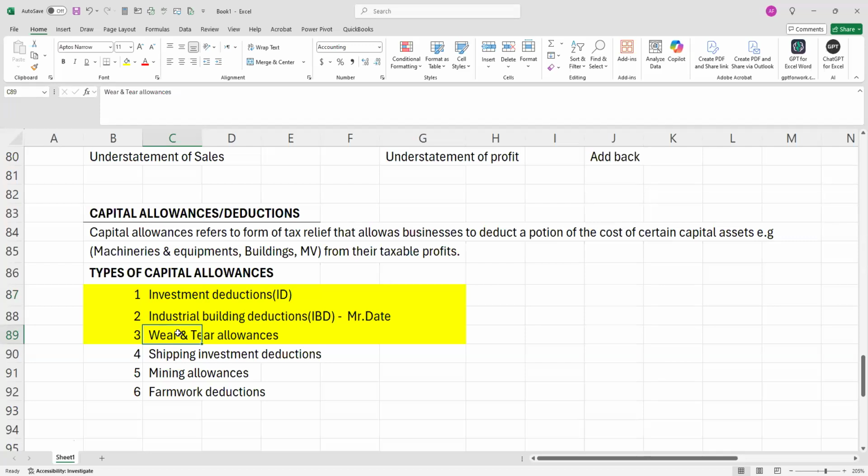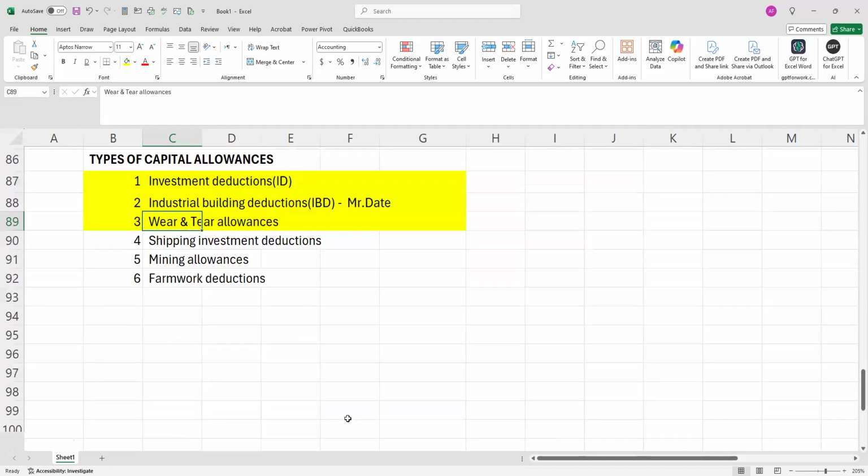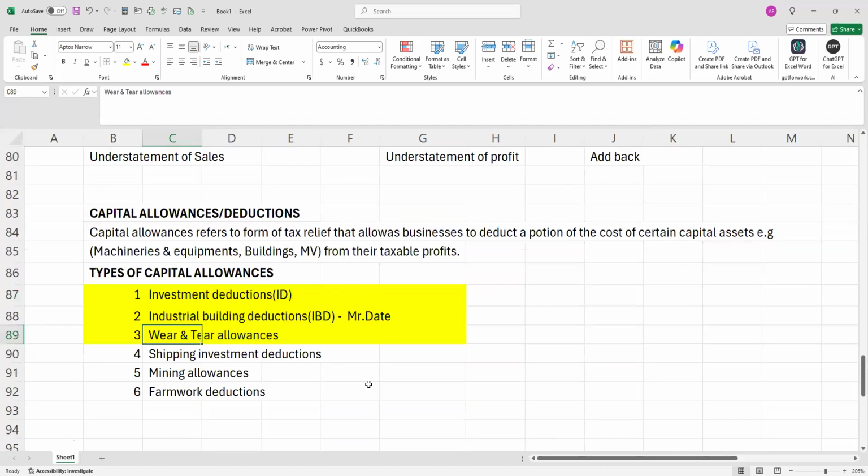Because trust me, once you're done with capital allowance and employment income, it's as if you are through with the aspect of tax, because most of the things we just repeat, going back to allowable and unallowable, taxable and non-taxable, looking at the best format to use. So the most important thing is that we start with these basic concepts. It will help us a lot.